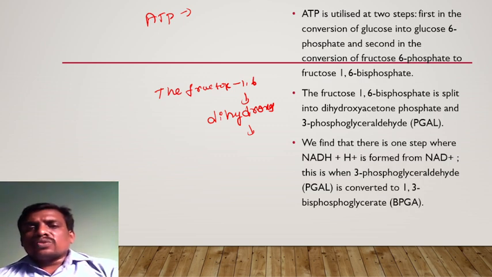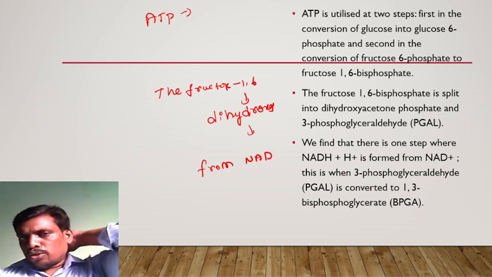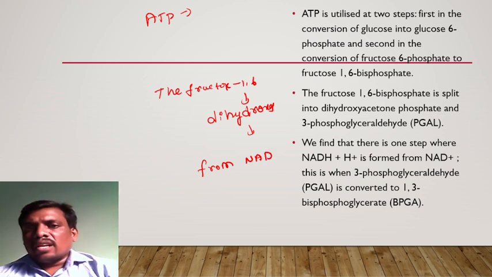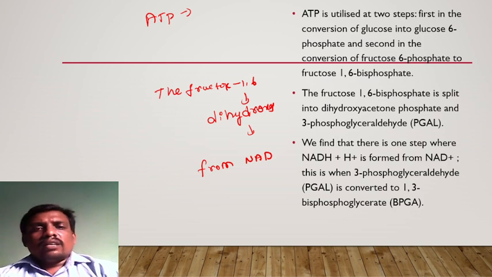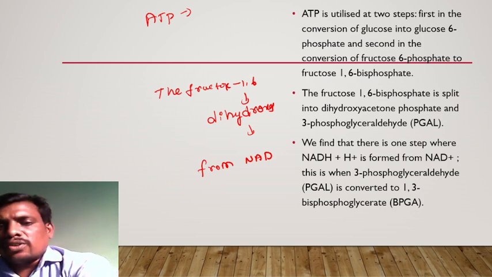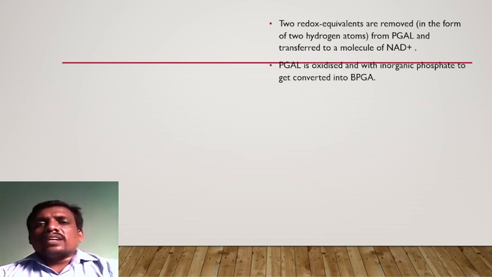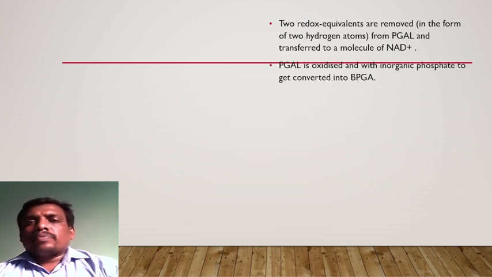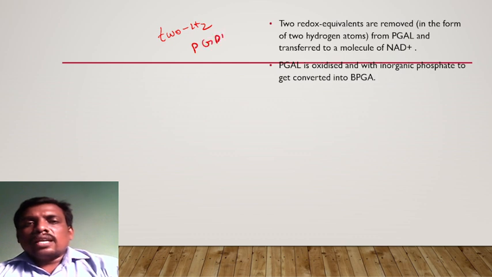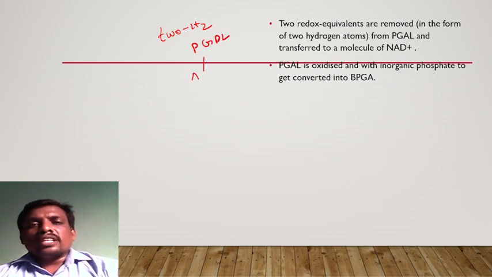We find that there is one step where NADH plus H plus is formed from NAD, nicotinamide adenine dinucleotide. This is when 3-phosphoglyceraldehyde is converted into 1,3-bisphosphoglycerate. Two redox equivalents are removed, in the form of two hydrogen atoms, from PGAL and transferred to a molecule of NAD.